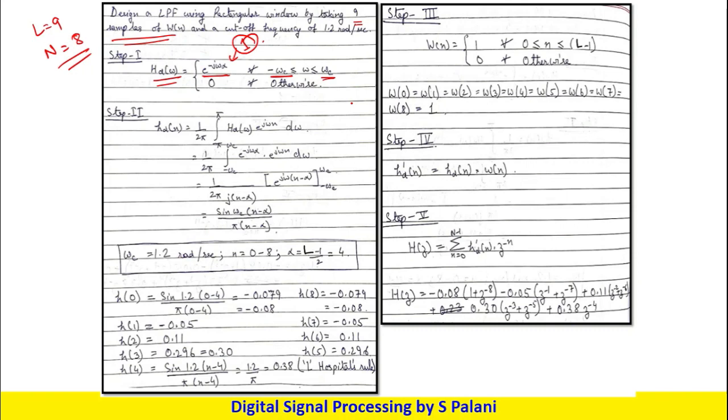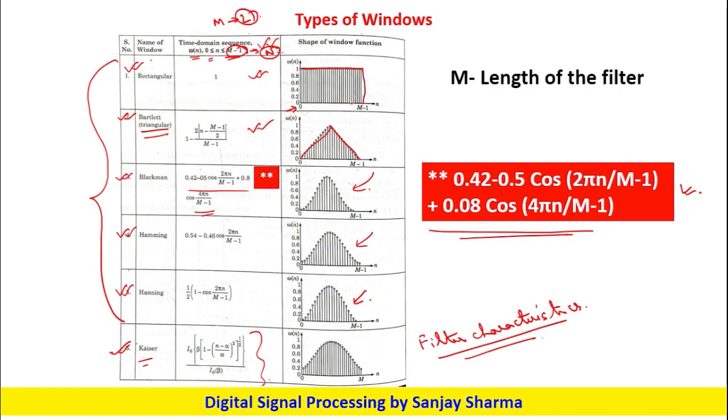Now in the previous case, in the numericals where we designed the FIR filter without using the window functions, we have taken the n values from negative to positive. Okay, so you can do it over here also, but to keep the matter very simple, we will only consider the window functions and the filter h(n) values in the range of 0 to n.